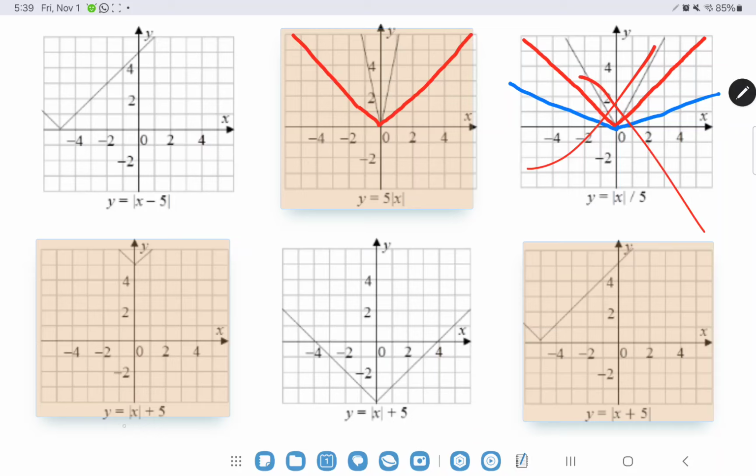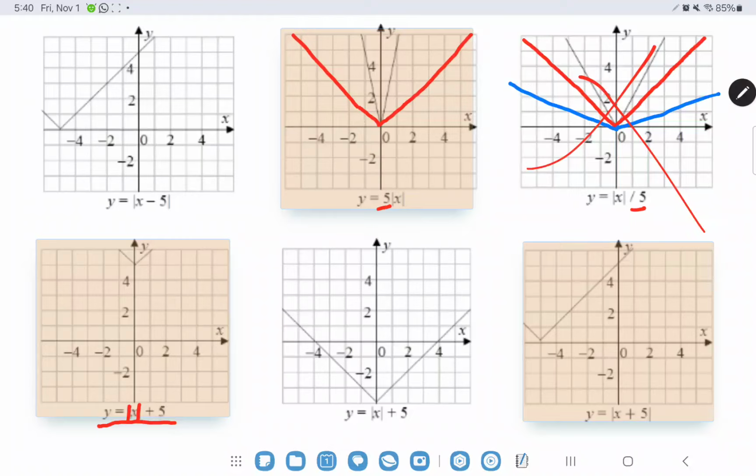Moving on. X plus 5. Like I said, here you don't take points. You only take points when it's like this. But if it's obvious like this, you could just take it in comparison to the original. Okay? So here you're doing x, there's no h here, but you're adding 5.